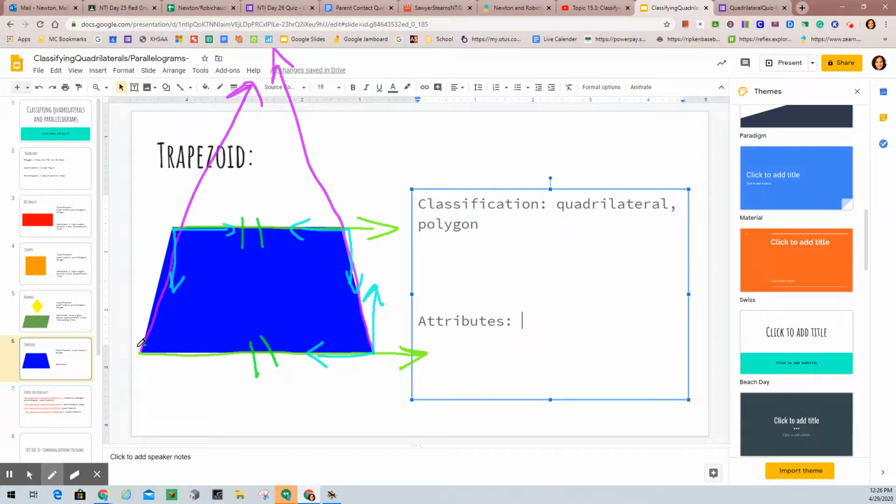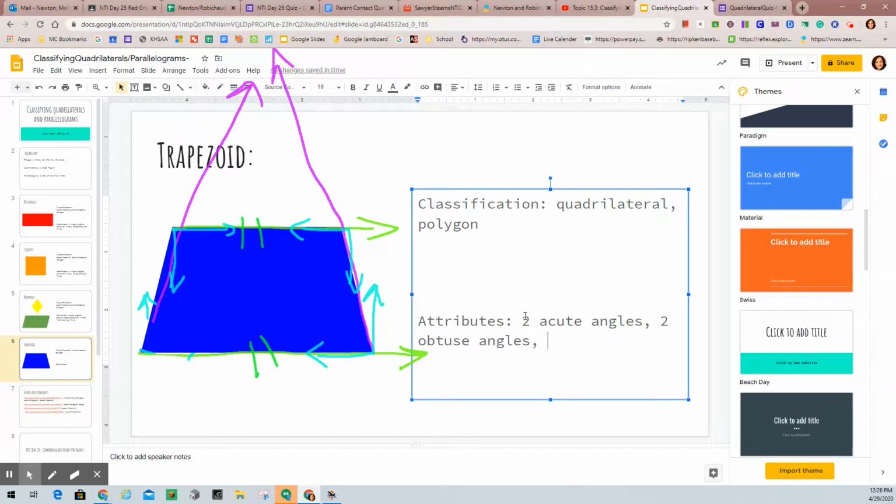Not only does it have acute angles, but it has obtuse angles as well. Because all quadrilaterals equal 360 degrees. If these were less than 90 degrees, this would have to be obtuse in order to equal up to 360 degrees. Okay, so that tells me I have 2 acute angles and 2 obtuse angles.